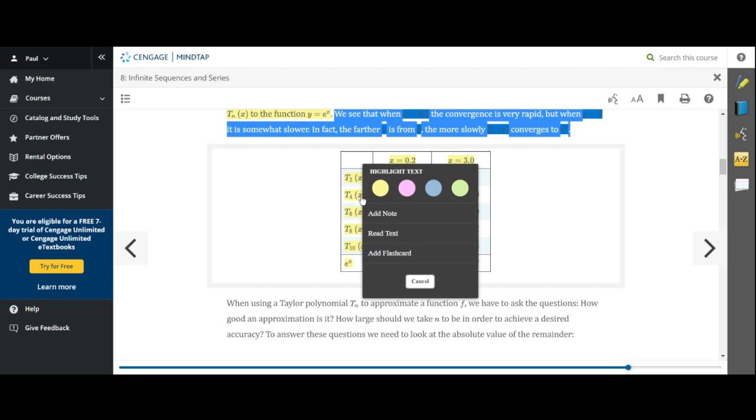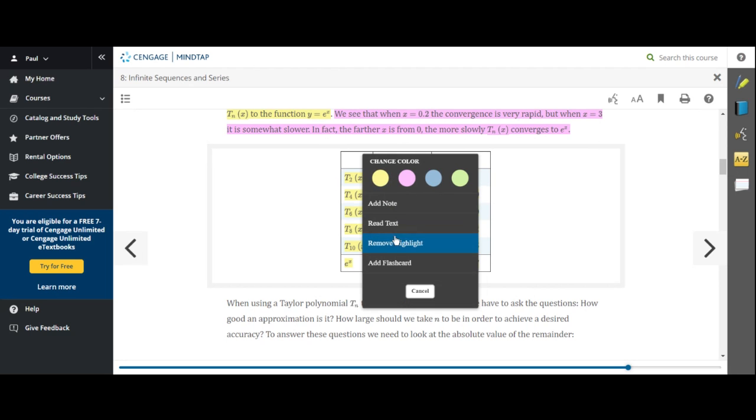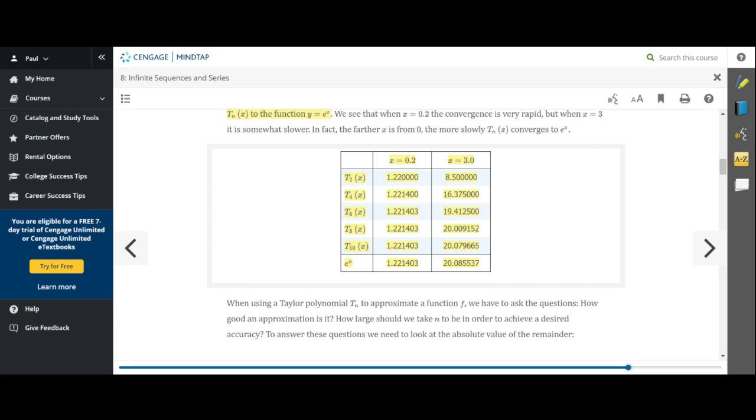Well, look at the little comment here above. Okay, when in fact, the farther... hold on here, let me... this is the key here.